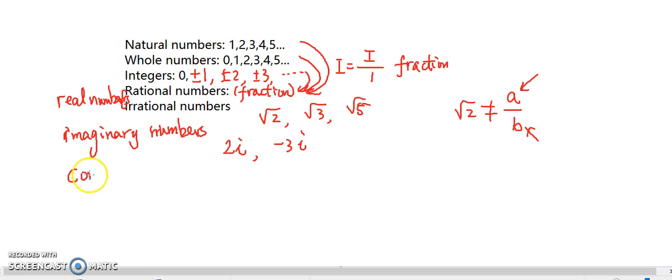Well, if we put real numbers and imaginary numbers together, we get complex numbers. So it has a real part, for example, 1 plus 2i. So 1 is the real part and 2i is the imaginary part.